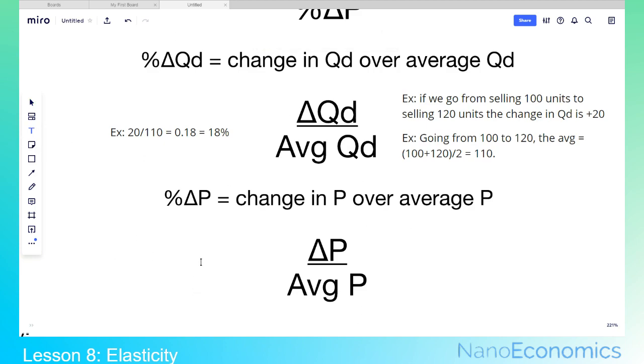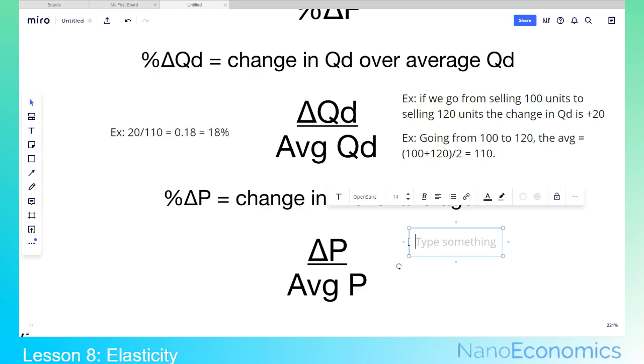So the next thing we're going to do is look at the bottom of this fraction, and the percent change in price is going to be the change in price over the average price. Again, we're doing the same thing, and we're going to create an example where we're selling more units.